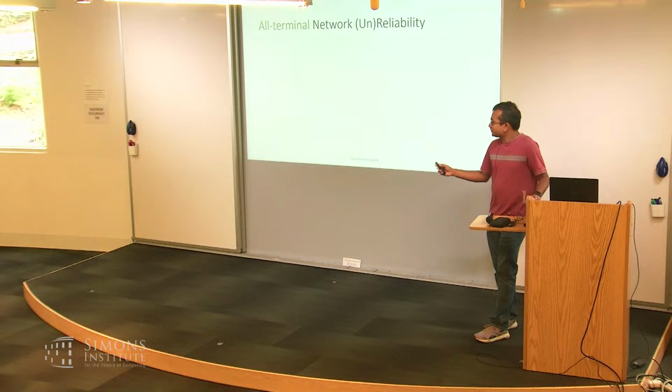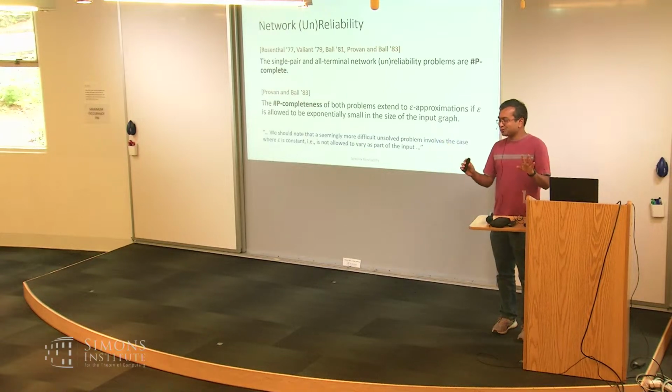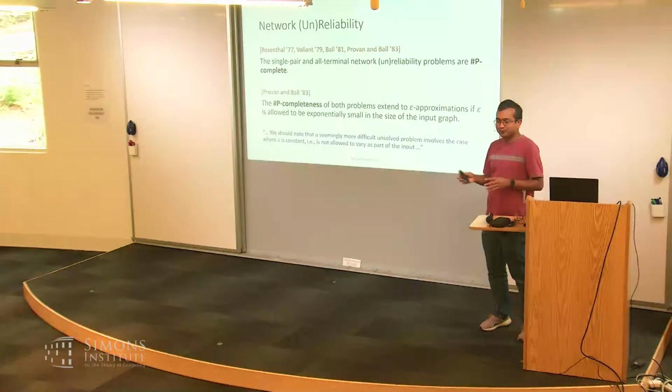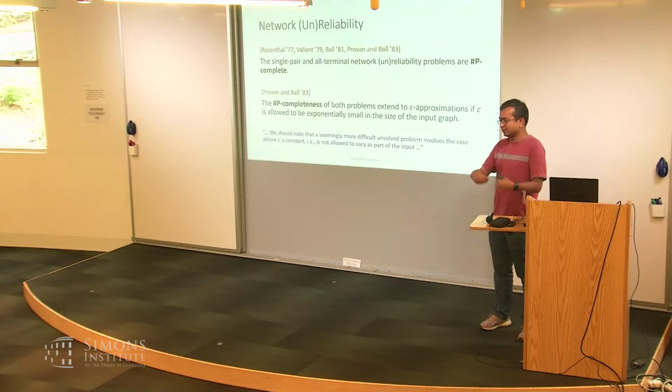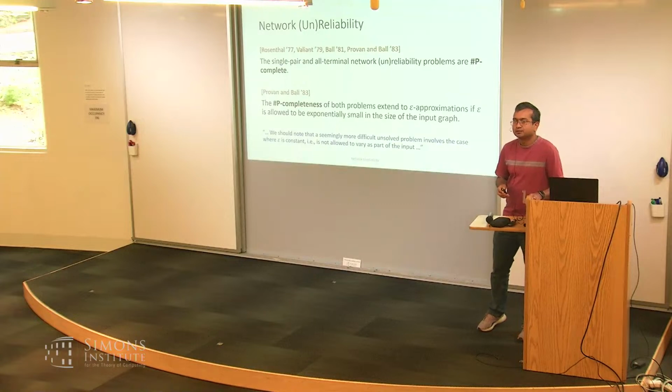All right. And that's where the story sort of ends with the single pair network unreliability problem. Till now we haven't resolved this question. So even if I gave you epsilon to be a constant, there is no known efficient algorithm that can find, let's say, a 1.1 approximation to the single pair network unreliability.